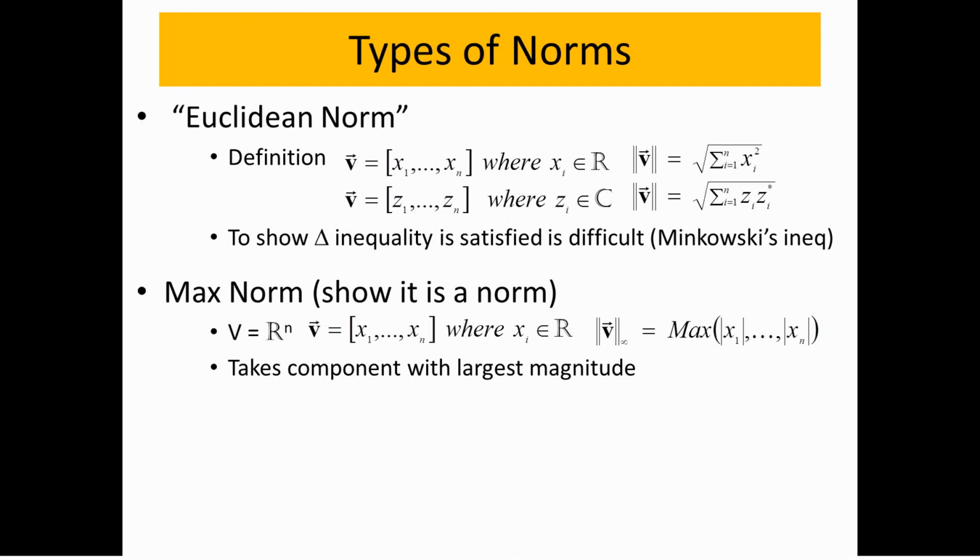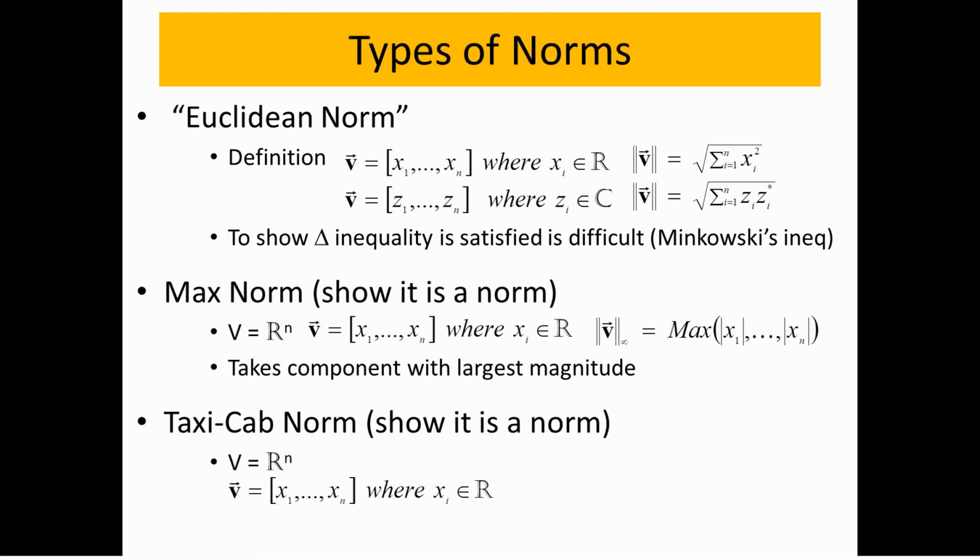Okay, the taxicab norm or the Manhattan norm is another one that you should be able to show. And basically it says if we have a vector in Rn, what we do is we take the components, take the absolute value, and we form this kind of like this path like this. Okay.